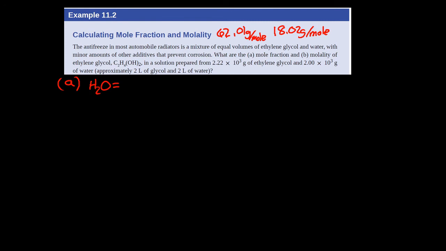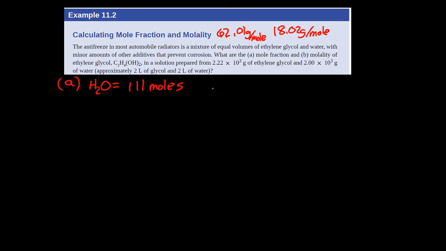Dividing the number of grams by the molar mass gives us the number of moles. So that is going to be 110.987, but we'll round to 111 moles.